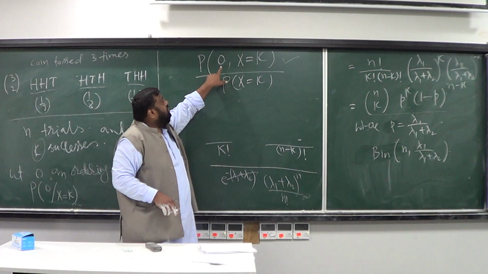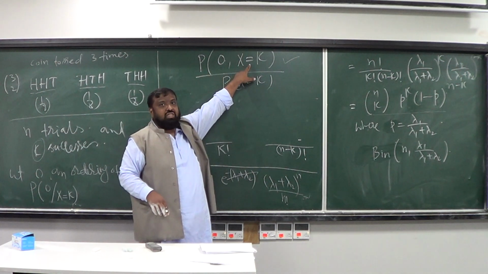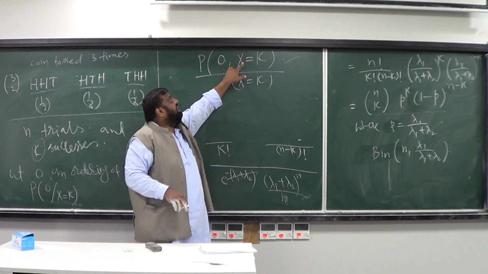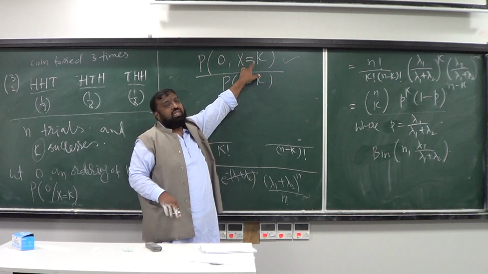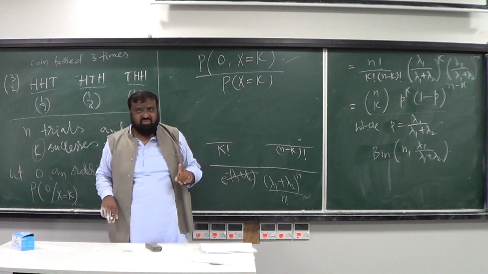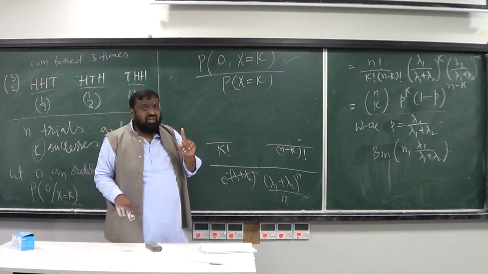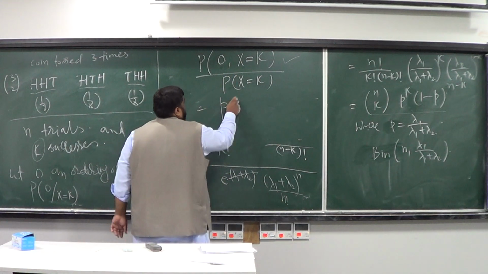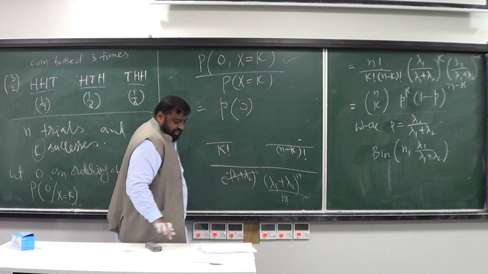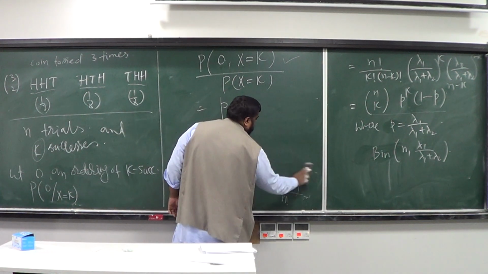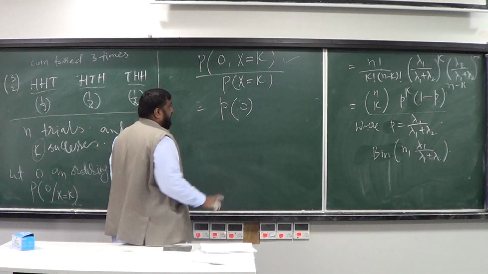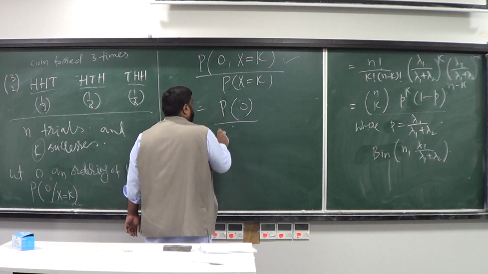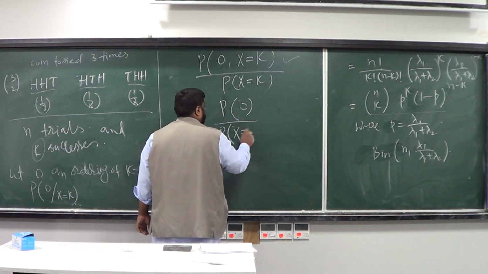So this must be a subset of this actually, because this contains all possible orderings, and out of all these possible orderings, O represents one ordering. Okay, it's one ordering. So O intersection this event should be what you call probability of O, divided by the probability of X equal to k. Okay, so probability of O divided by the probability of X equal to k.